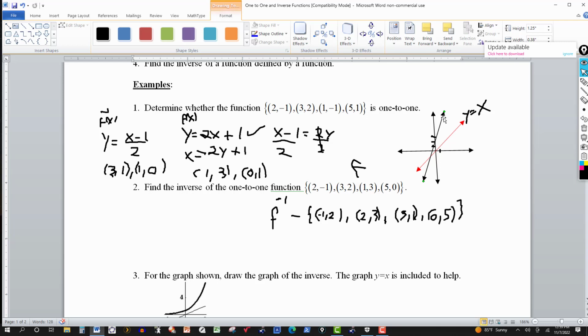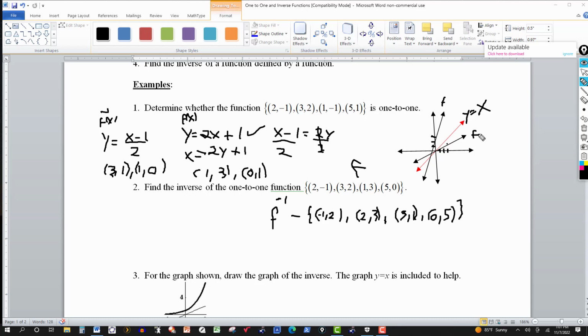This will be half. And then if I do the graph of the other one for the inverse, 3, 1 will be there. And then 1, 0 would be here. So you have something like this. And this is not to scale, so it's a little bit off, but the graph of f, this would be f here, and this would be f inverse.